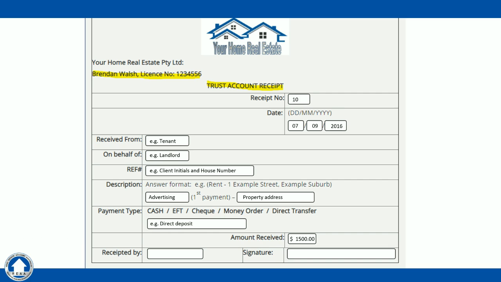How much was received for that transaction? Who actually receipted it, so the name of the person issuing the receipt and their signature. And they don't have to be anyone that holds a real estate agent qualification or be an assistant agent. This can be anyone in the office issuing the receipt, and they would sign off having received that money.